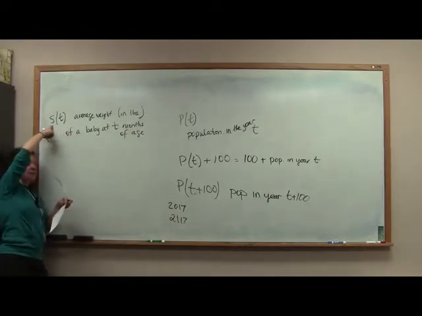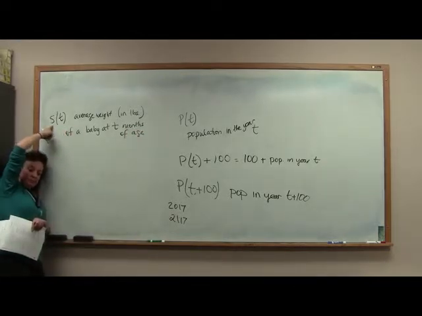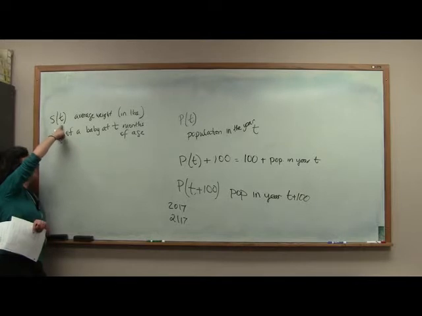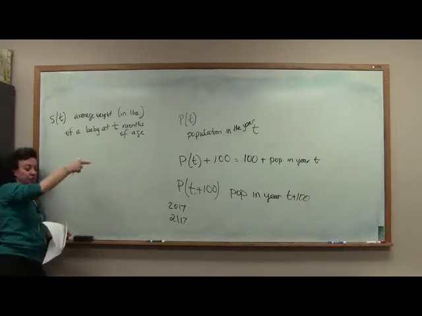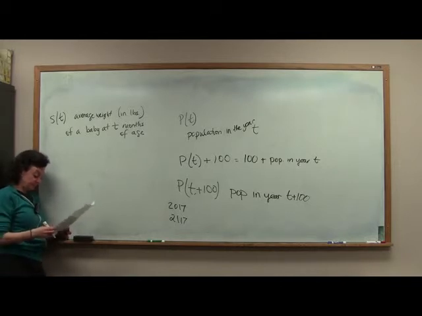So our outer guy, our function, is the weight in pounds, and it makes sense that the average weight would be a function of the age, and we're talking about months.